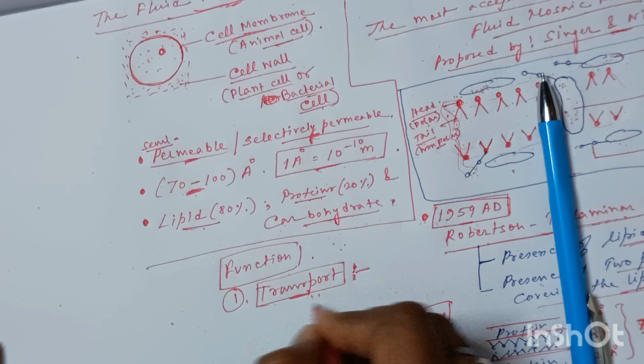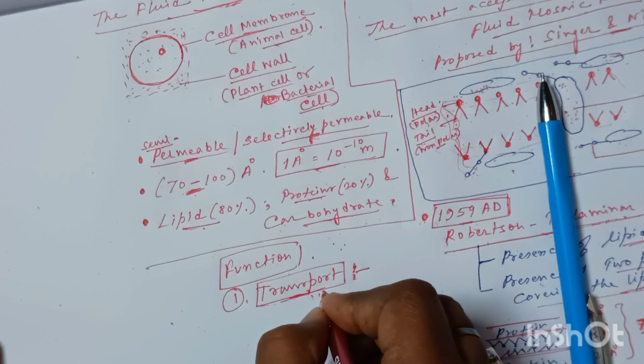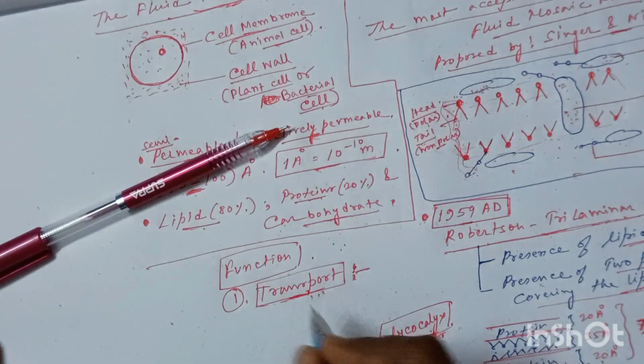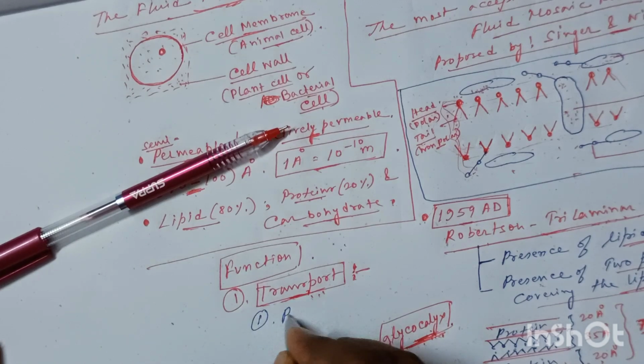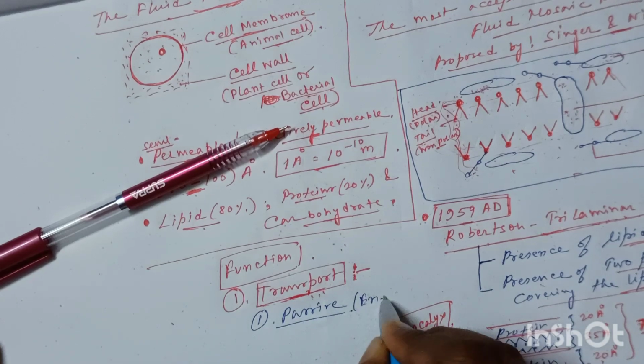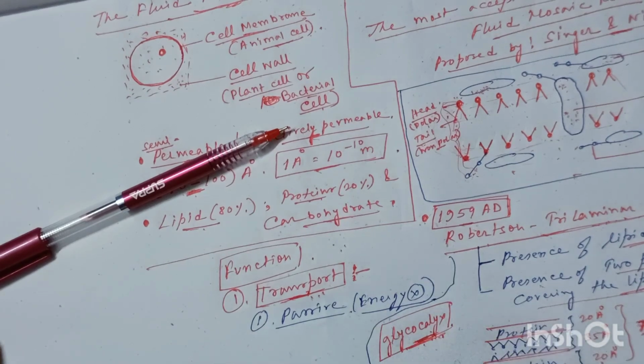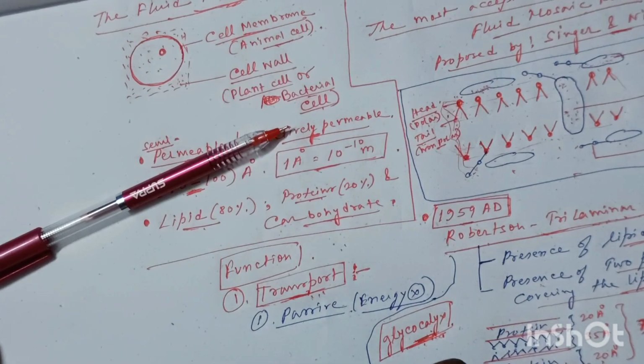Transporting molecules is the basic and most prime function of the cell membrane. And it can be done in two modes, the first being passive transport. In passive transport, no energy is required, and it can be done in two ways. The first one is simple diffusion.